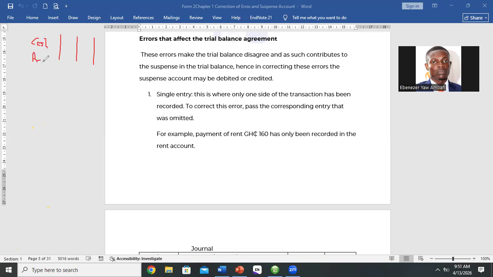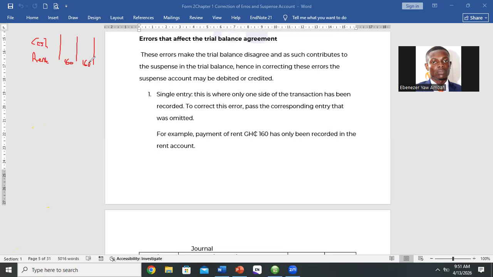Now you would debit the rent, so you would have a debit of 160, and you credit who? The cash 160. This is just an example, so don't get confused that cash is having a credit balance. But in this transaction, cash is going to be credited.